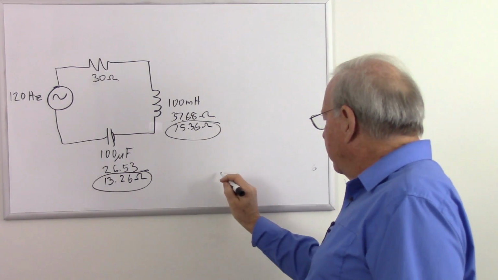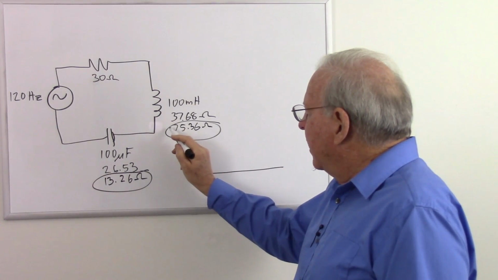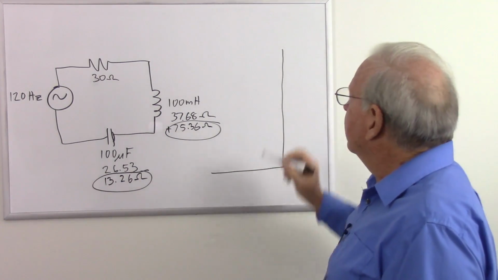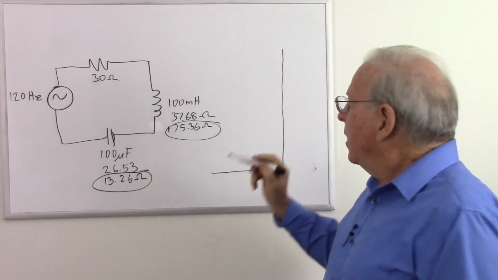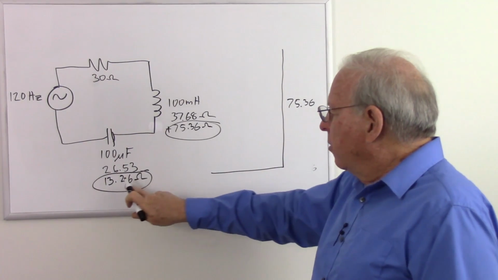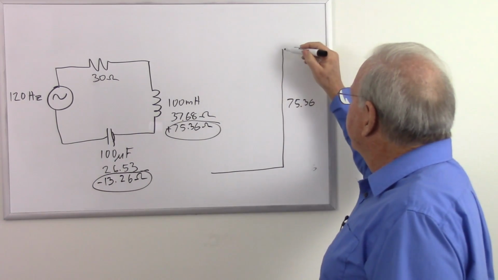So draw our triangle here, and we're going to add 75.36 ohms, so that's going to be way up there. 75.36, and then we are going to subtract 13.26.